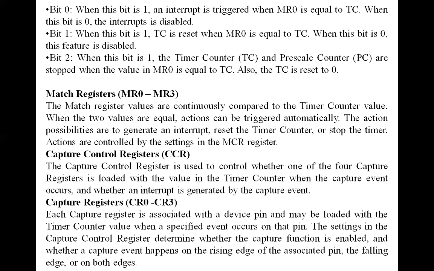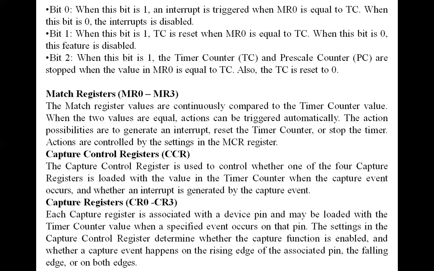When this bit is 0, this feature is disabled. And bit 2: when this bit is 1, the timer counter TC and prescaler counter PC are stopped when the value in MR0 is equal to TC. Also the TC is reset to 0.